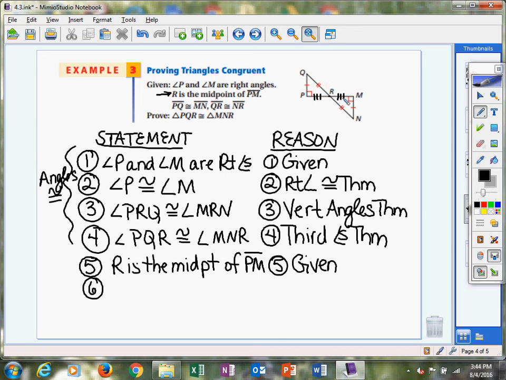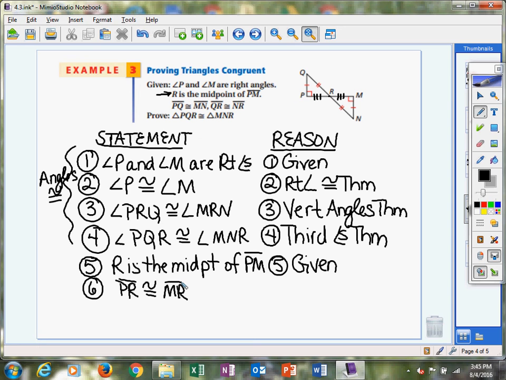So can we say now that PR is congruent to MR? Notice the order of the letters that I put them in. I started at the right angle and went to the center. So why can I write that? Is there a definition that we learned?